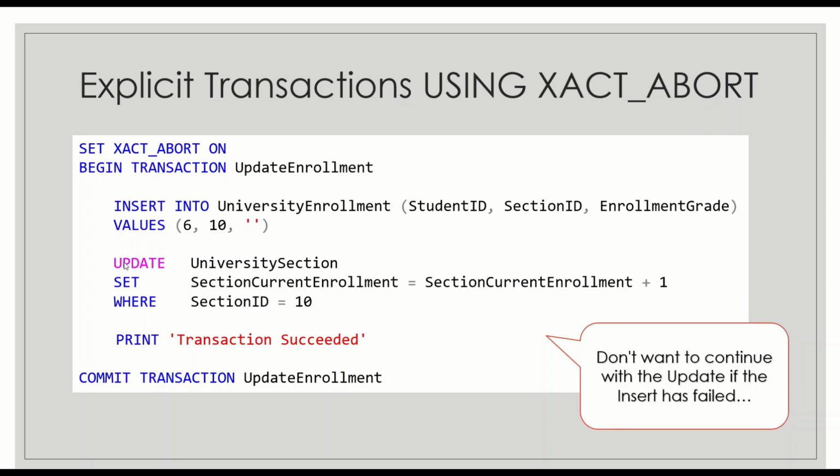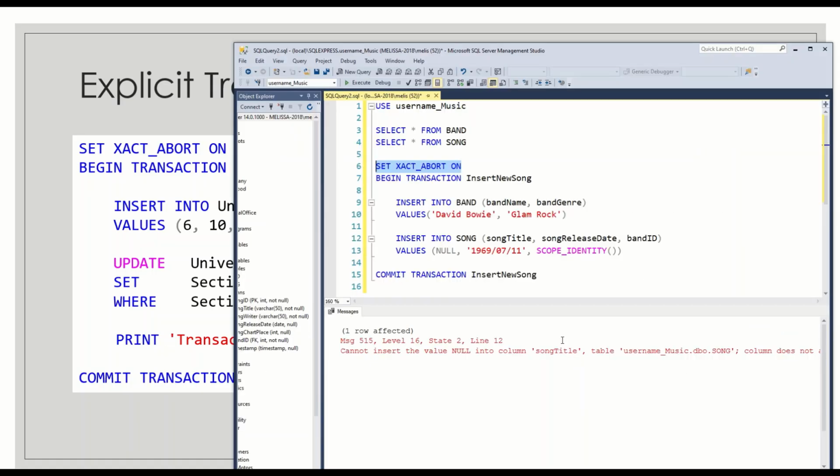Because if either one of these fails, we will immediately stop and roll back the transaction. So we would only ever get to the print with a nice success message if we made it through the rest of the transaction. So let's put the print message into our transaction.